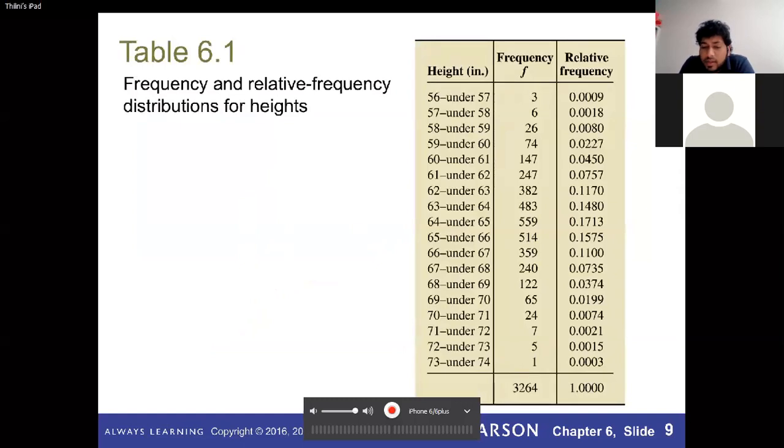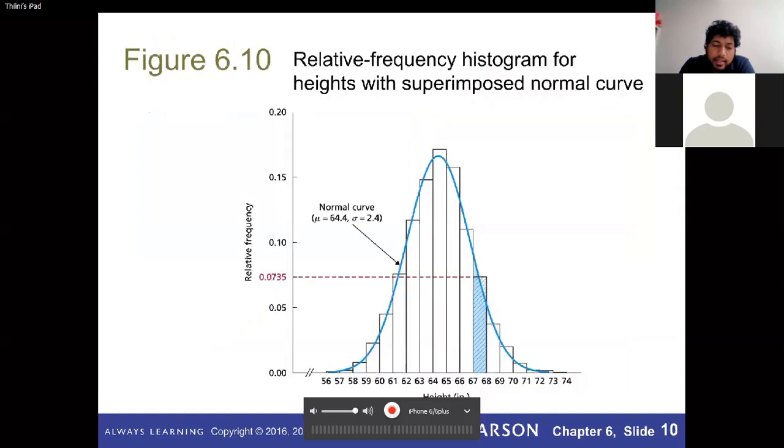They have given frequencies and their relative frequencies as well, and they have shown a histogram and connected the midpoints of the histogram. You can see here it is a bell-shaped curve, right? So this shape is called a normal curve. The distribution of this height has a normal curve.